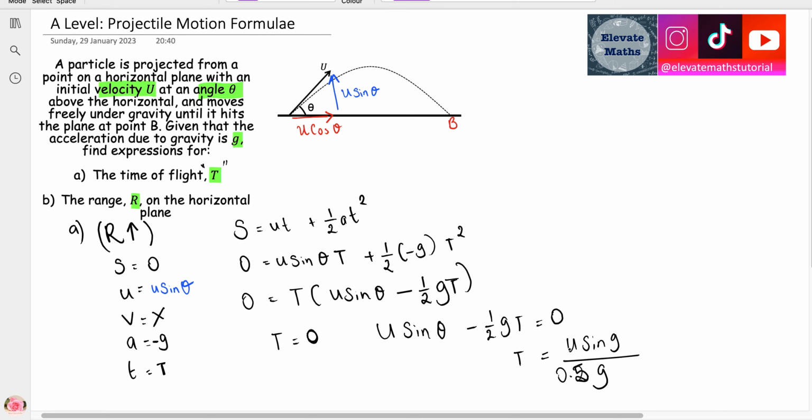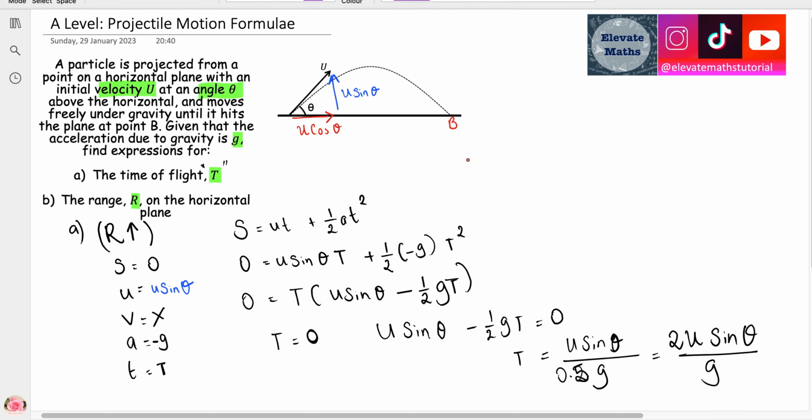Okay, if you want to rewrite that a bit nicely, multiply the numerator and the denominator by 2, so you get rid of the 0.5 from the denominator. So you're going to end up with 2u sin theta over g. Okay, so that's the answer for the time of flight.